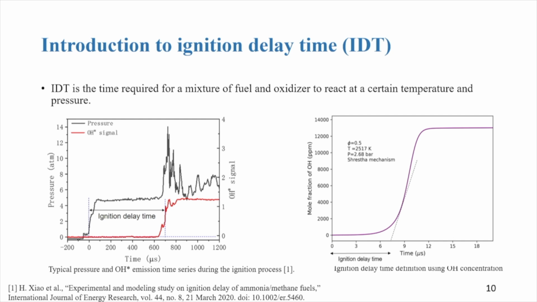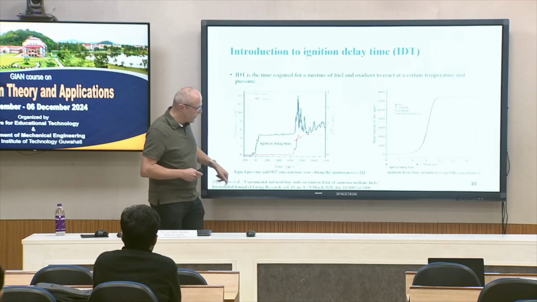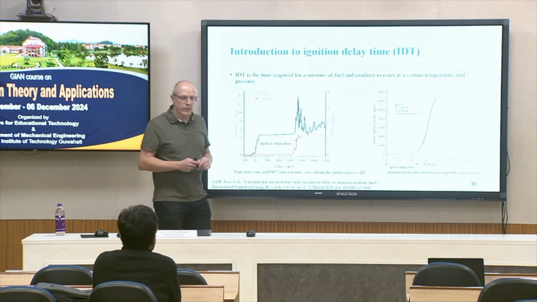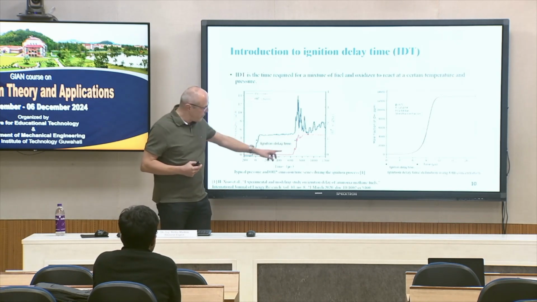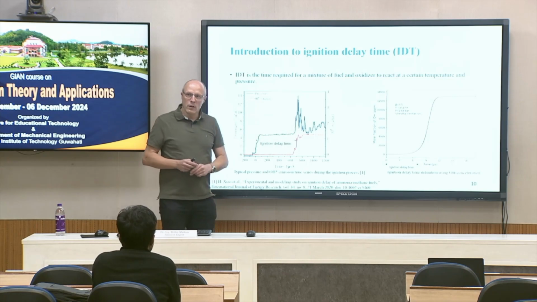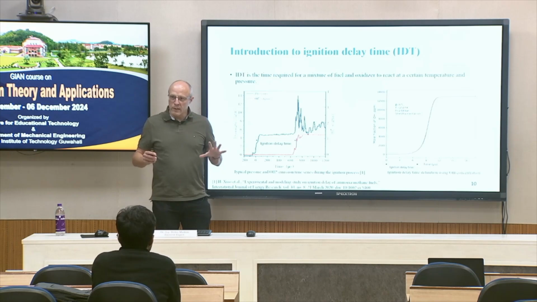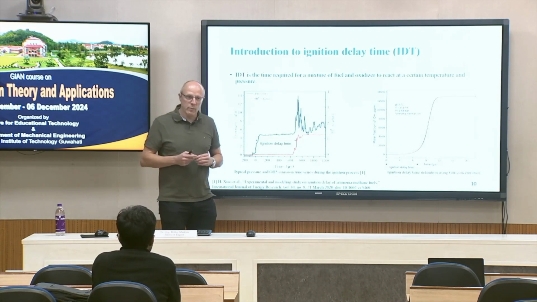So here first increase, second increase, that's the ignition delay time. Here in this example, from this paper, they focused on the OH signal. Maybe 50% of the maximum OH signal is defined as the ignition delay time.